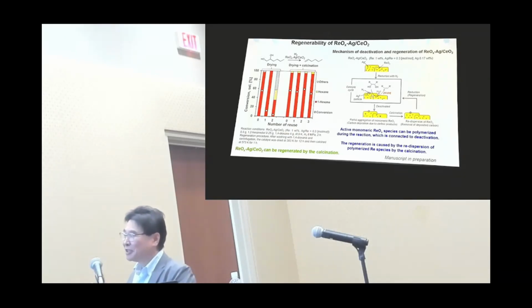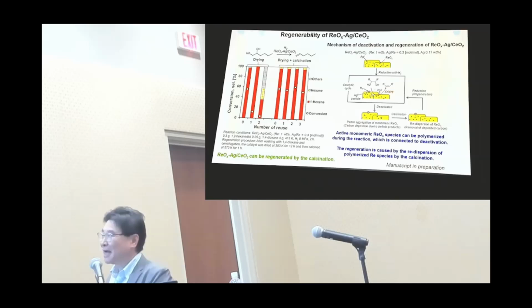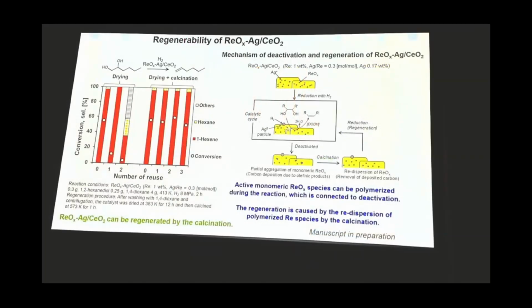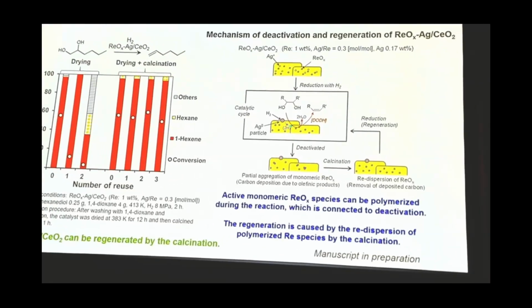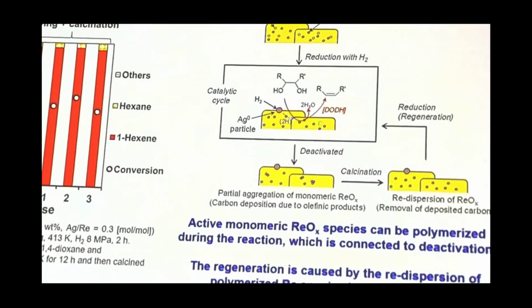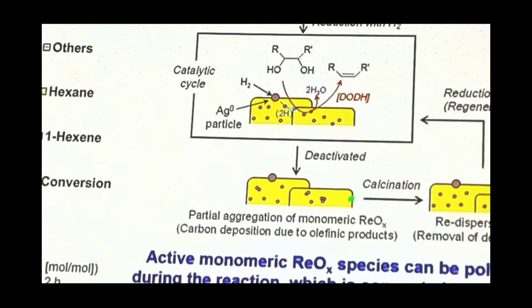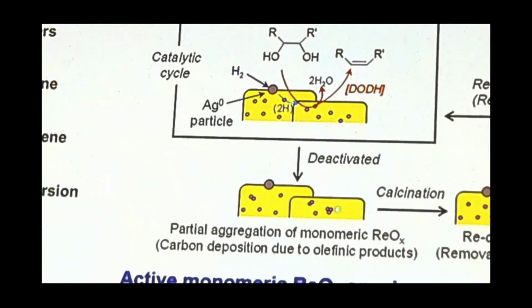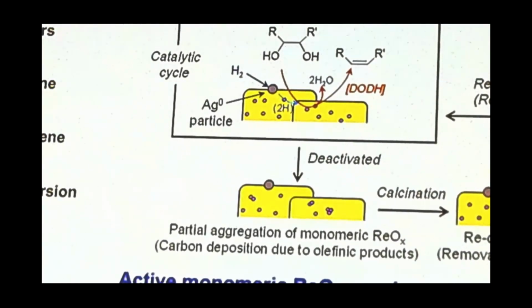in the deactivation. One is that an unsaturated product is a main product in this reaction. Therefore, the carbonaceous materials poison the catalyst. And another important aspect of the deactivation is that the rhenium monomeric species is aggregated to some extent.